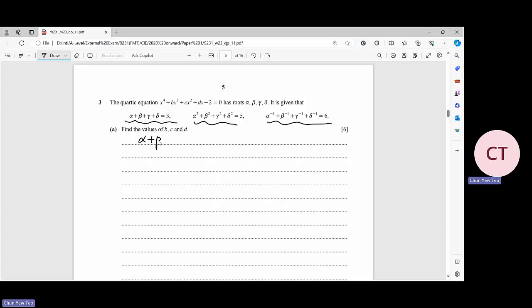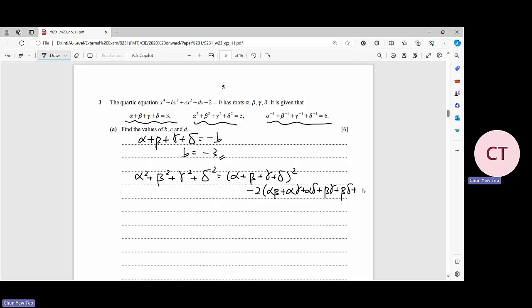We just know that the relationship of alpha plus beta plus gamma plus delta is equal to negative b. So therefore, your b is negative 3. So we have found the b. Then alpha square plus beta square plus gamma square plus delta square is actually equal to (alpha plus beta plus gamma plus delta) squared minus 2 times (alpha beta plus alpha gamma plus alpha delta plus beta gamma plus beta delta plus gamma delta).